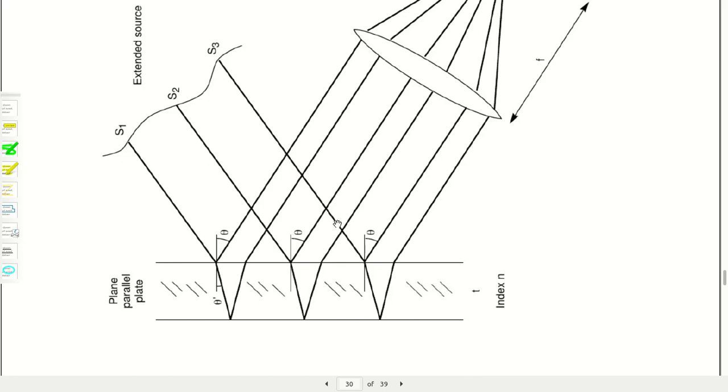To make our calculation very easy, we are taking a parallel film, and here consider 3 point sources, from which light comes out in every direction, but we are considering those lights coming from 3 points S1, S2 and S3 of the extended source, which are incident on the top surface at an angle theta. The incident angle is theta, so the refracted angle is theta prime, say.